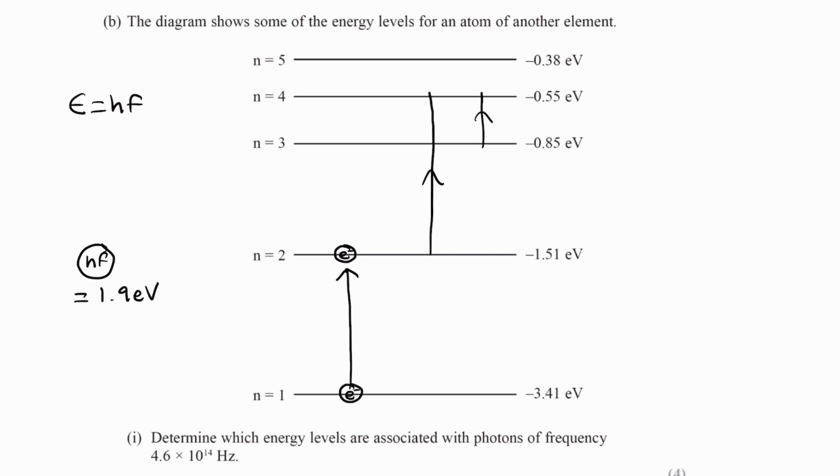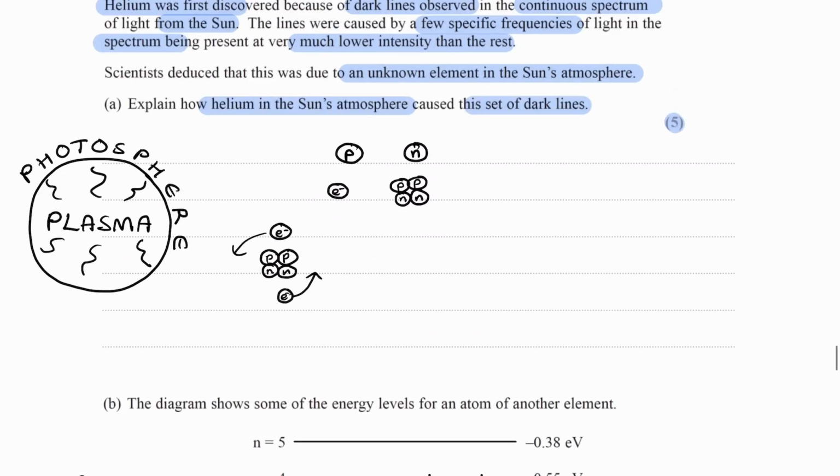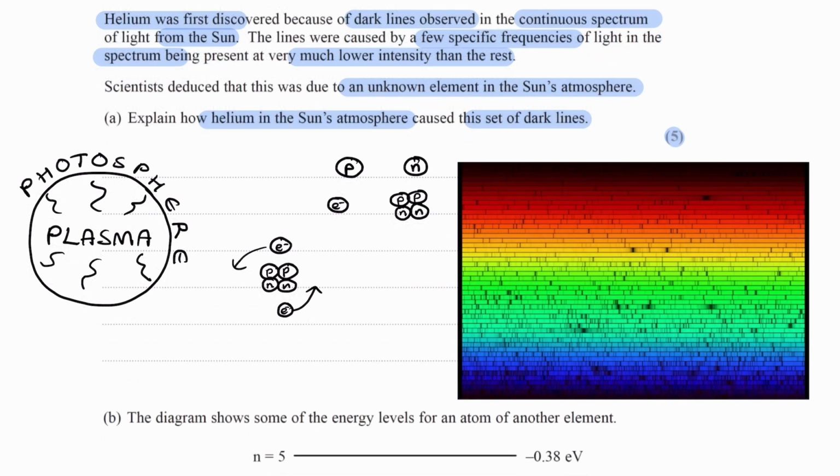So what does this look like overall? If we were to look at an absorption spectrum, what does it actually look like? So here on the right hand side is a picture of an absorption spectrum of a star. We see a pretty much continuous spectrum, but with a bunch of these dark lines at various places within the star. Again, these dark lines correspond to photons of specific energies that are being absorbed by atoms inside the photosphere, and each element is responsible for a set of these different lines.